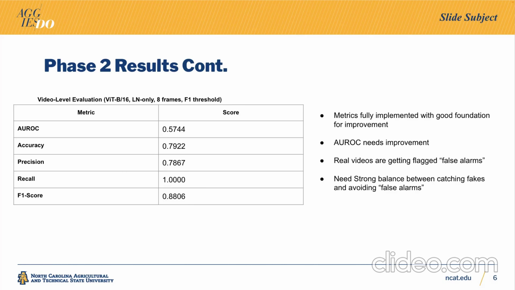And with the recall being 100%, we found that a lot of the real videos are getting flagged as deepfakes. We were getting a lot of false alarms there. Obviously, that's not good. That's an indicator of overfitting. We need a strong balance between catching the fakes and avoiding those false alarms.